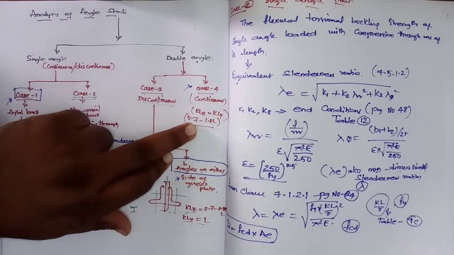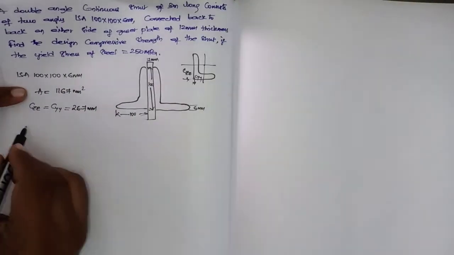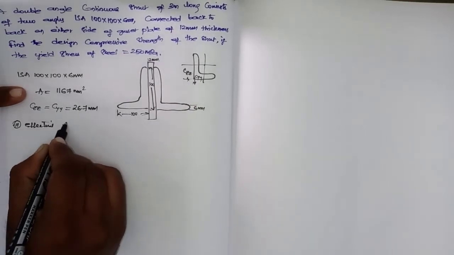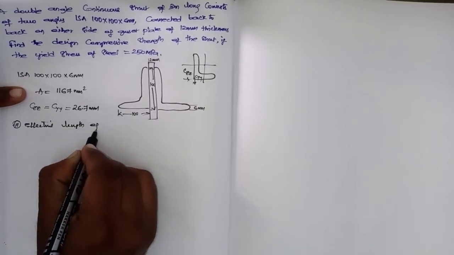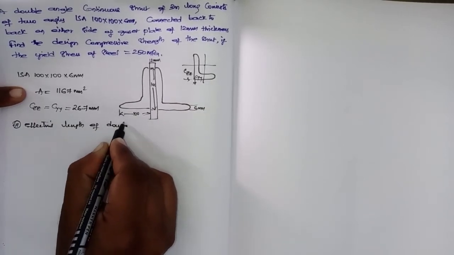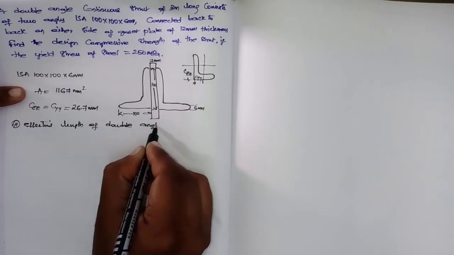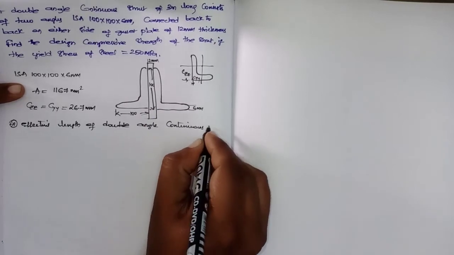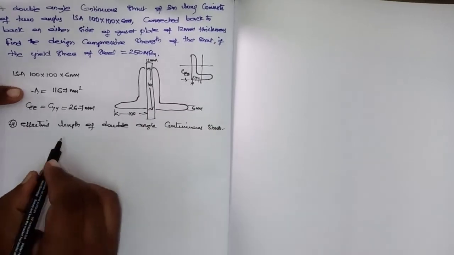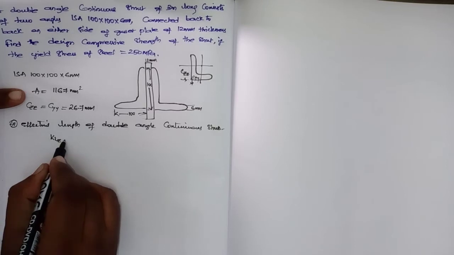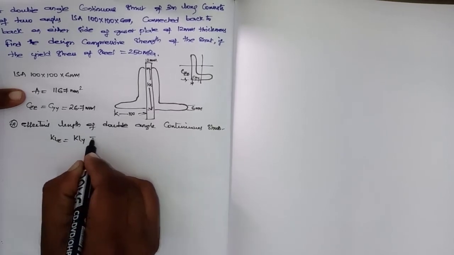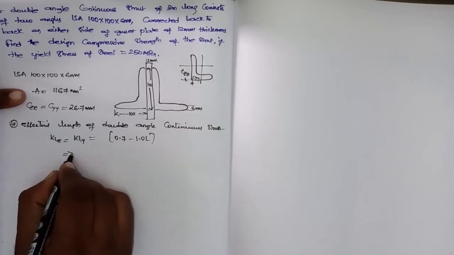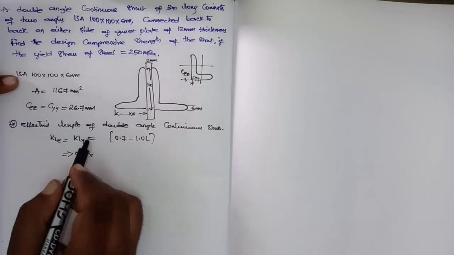You can take from 0.7 to 1 L. So I will take 0.7 into L, which is given as 3 meters.